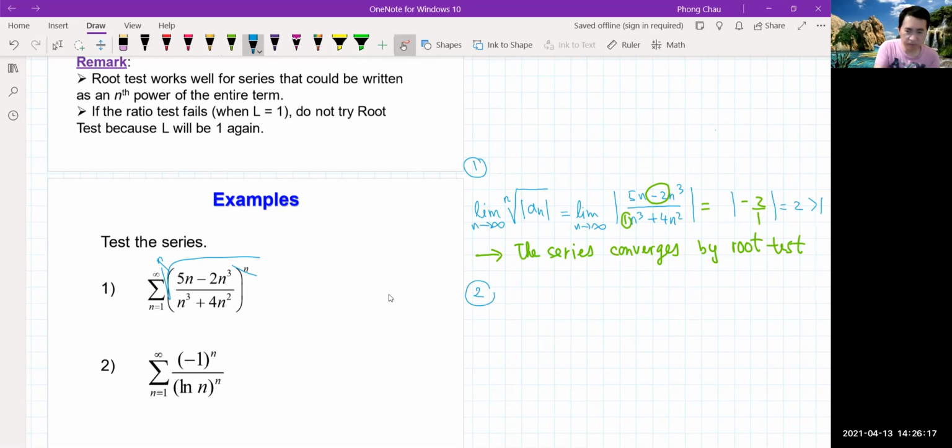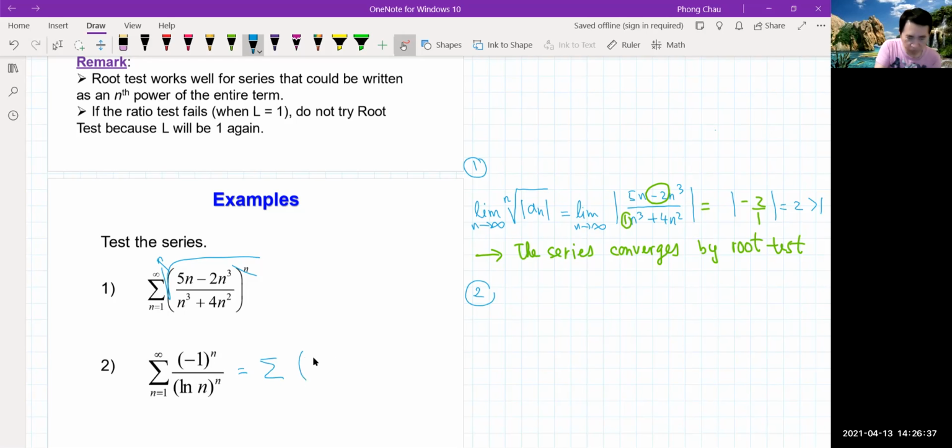For number 2, the same thing. Well, it doesn't look like the root test at first because you don't have the whole thing raised to the n power. However, this series can be easily written as, you see the top raised to the n, denominator raised to the n.